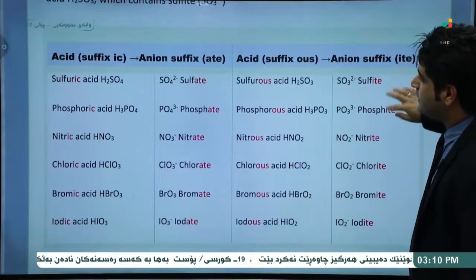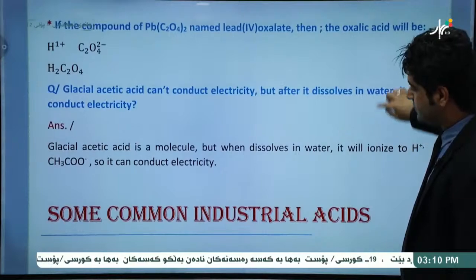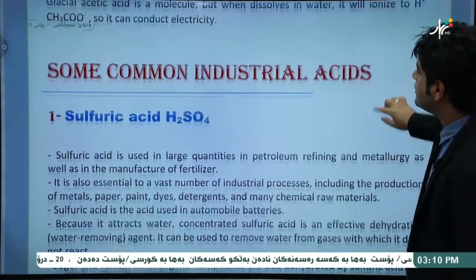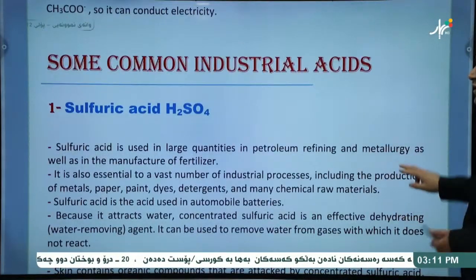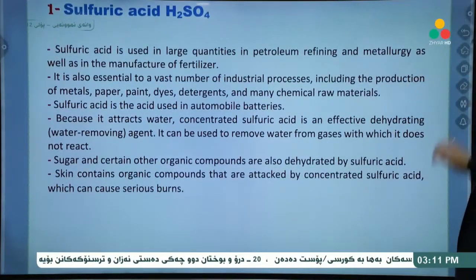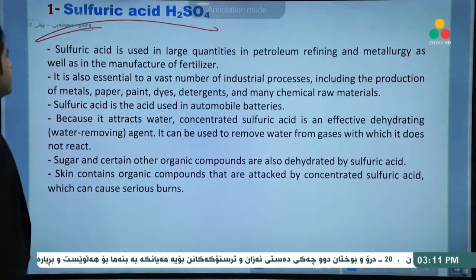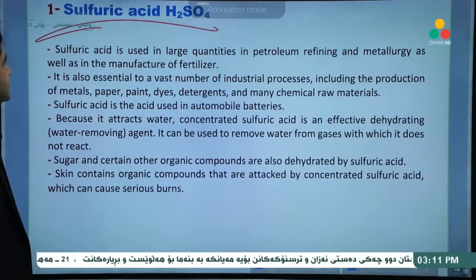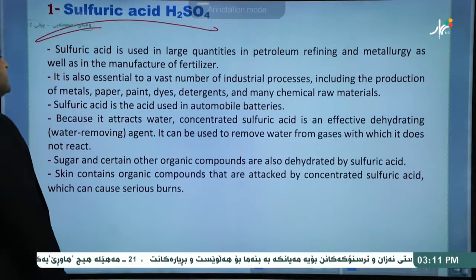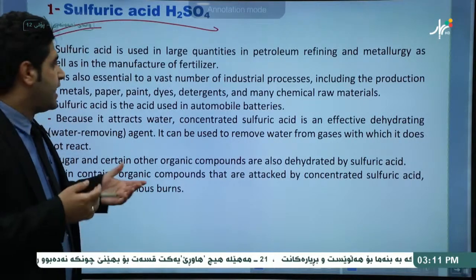Now here are some common industrial acids. You have to memorize them, but I will mention something. Sulfuric acid is produced in large quantities each year.